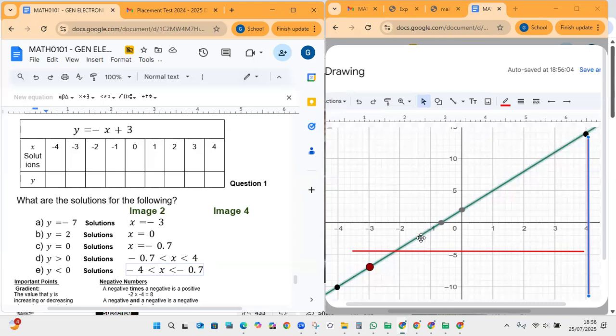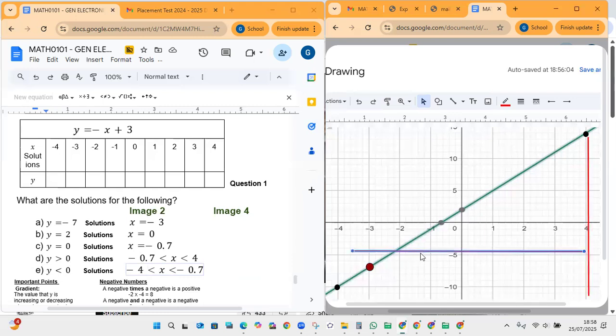Okay, that's the solution. And the solution for y greater than 0, y being positive. What is the solution? The solutions are the x values, and this is where x is between negative 0.7 and 4. That's where y is positive. And for negative 0.7 to negative 4, that's where y is less than 0.